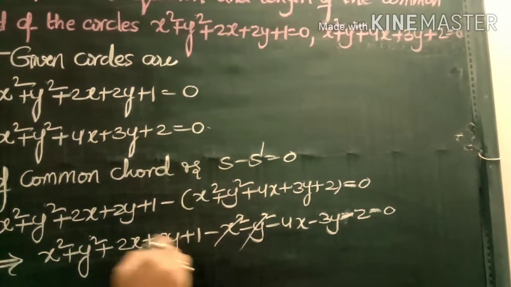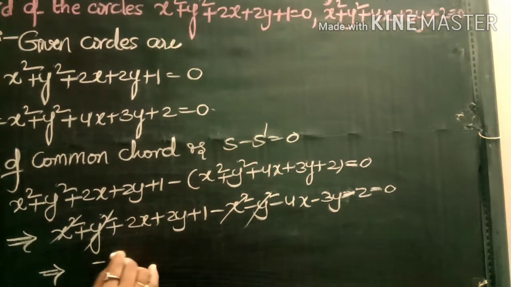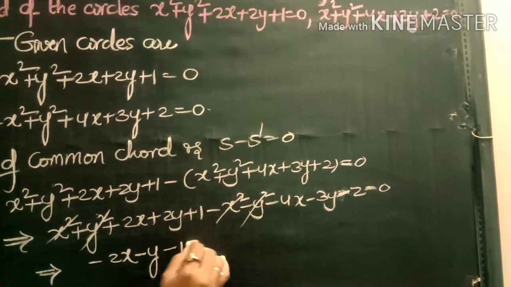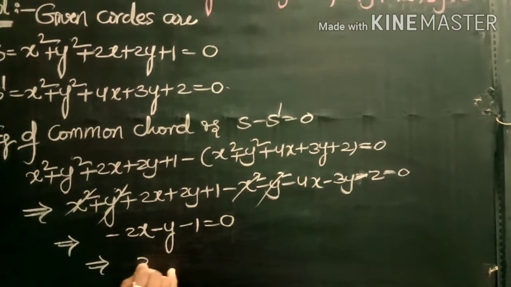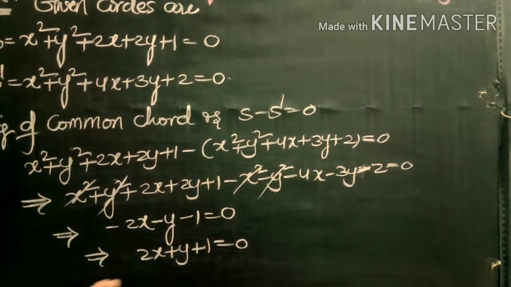Here x square and y square get cancelled. 2x minus 4x is minus 2x, 2y minus 3y is minus y, 1 minus 2 is minus 1. Cancelling the minus, 2x plus y plus 1 equal to 0. Now this is the equation of the common chord.